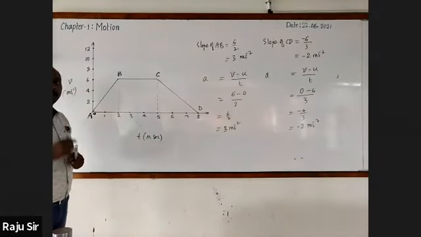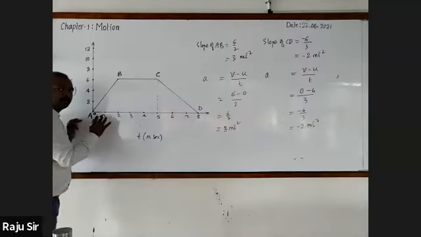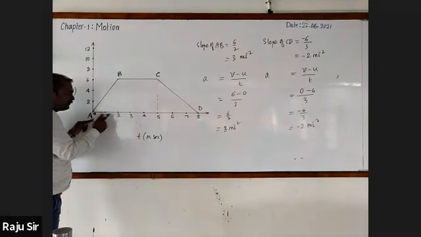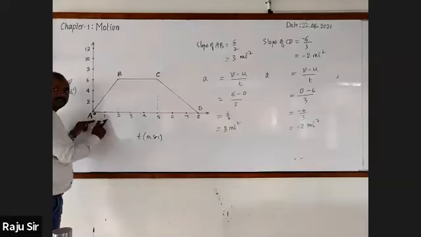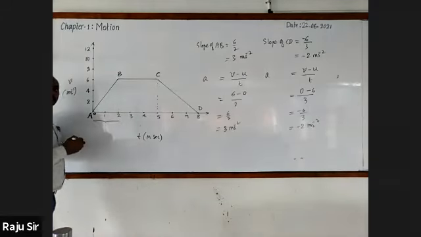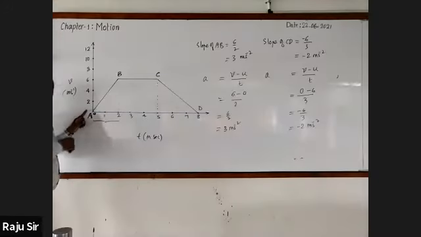How it is, let me tell you. Observe. We are going to find out the distance traveled by the body in the first 2 seconds. You know, in 2 seconds, it has started moving with some velocity.